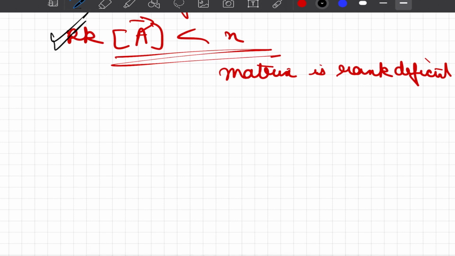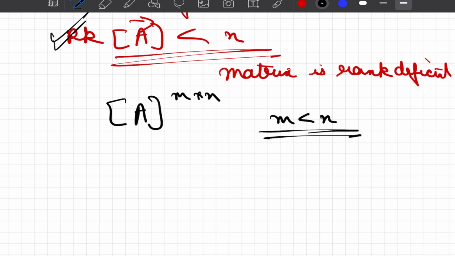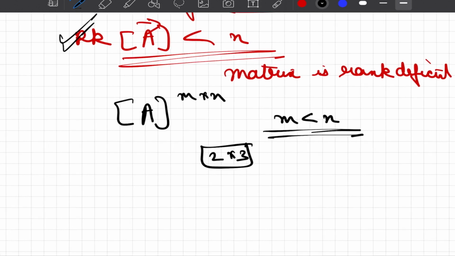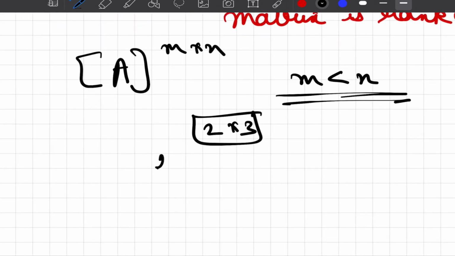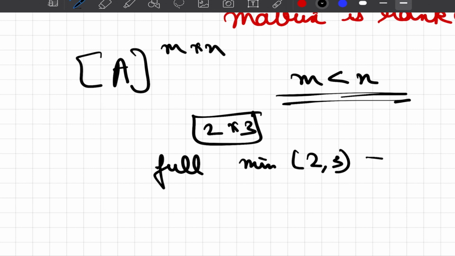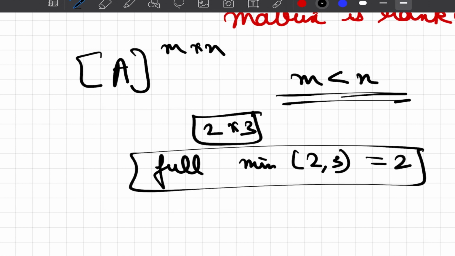Secondly, if we are talking about a matrix of dimension m cross n, where m is smaller than n, such as a 2 cross 3 matrix, the full rank would be the minimum of 2 and 3, which in this case is equal to 2. That would mean that rank can never exceed the smaller dimension contained in the size of the matrix.